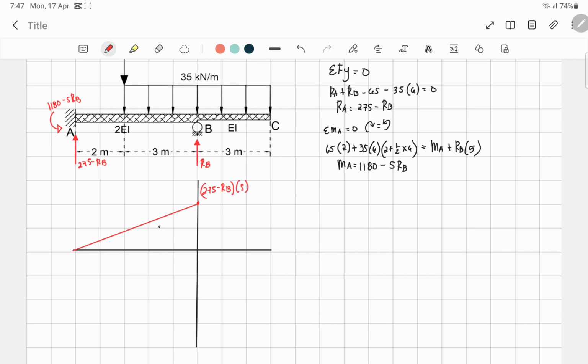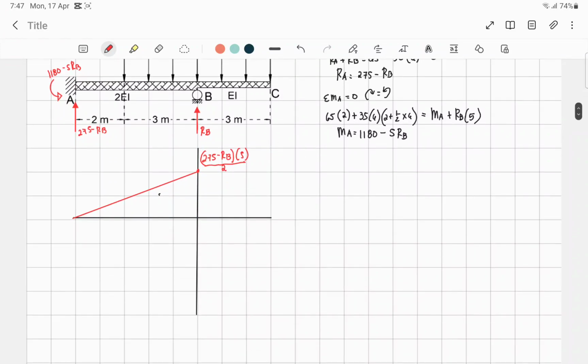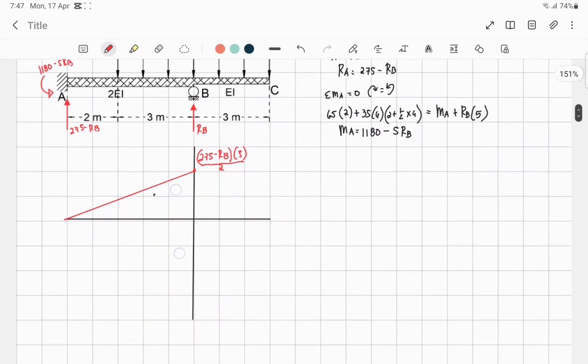and then i-modify ko na yung aking mga magnitude since this is 2EI. So since 2EI yung ating flexural rigidity, di-divide ko na siya by 2 since 2EI yan ang ating flexural rigidity. And then we have this moment at point A. So since counterclockwise yan, magiging negative.